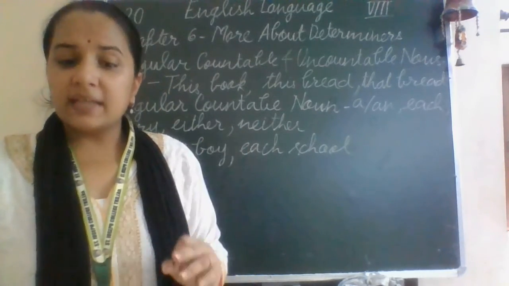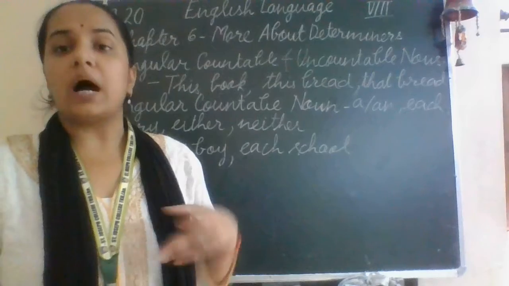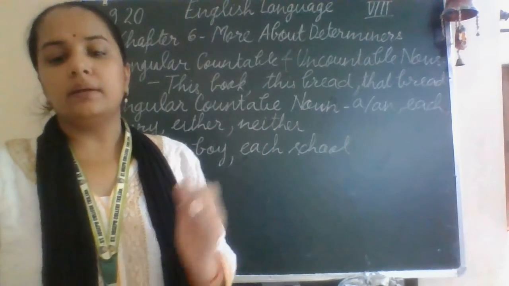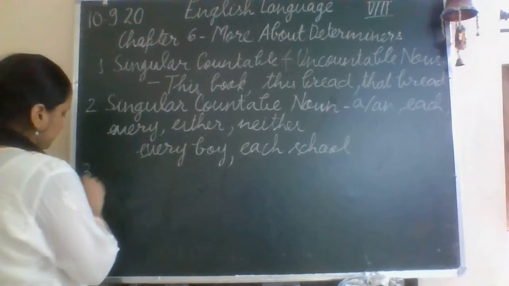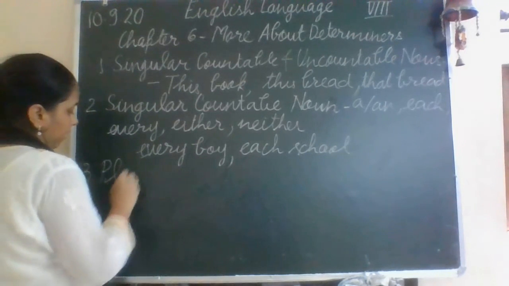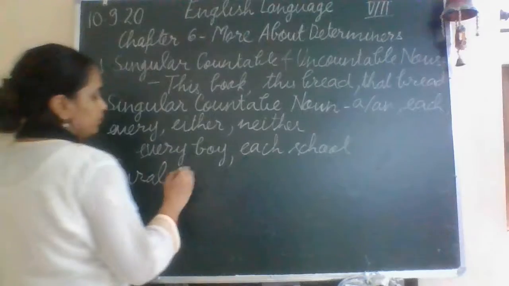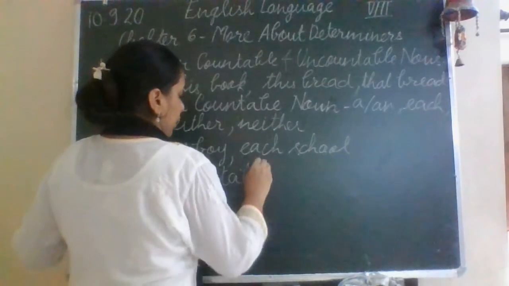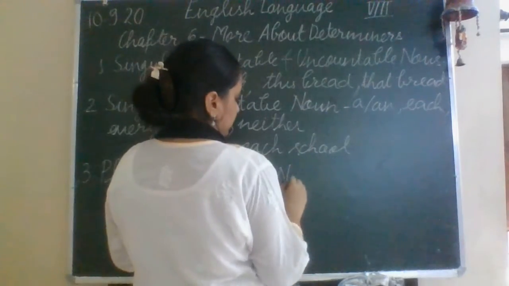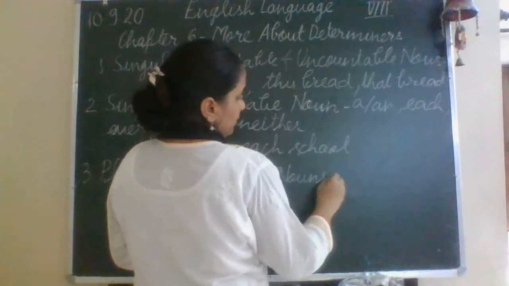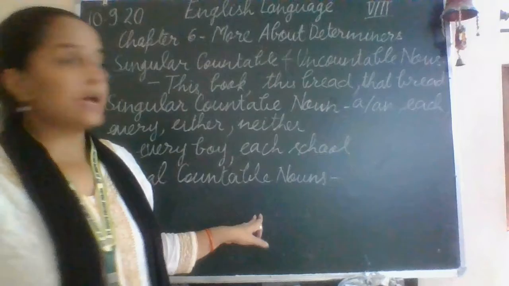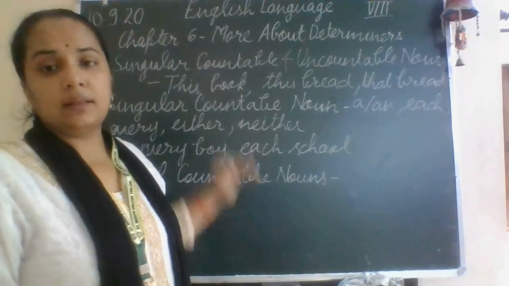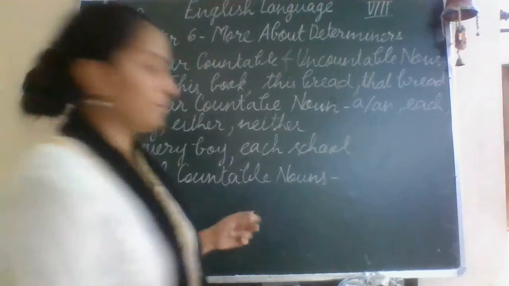The next category is which are used with the plural countable nouns. Third, that can be used with plural countable nouns. What these can be: what we have used in the singular countable, the plural of those.